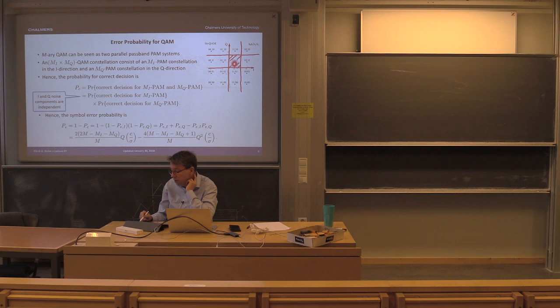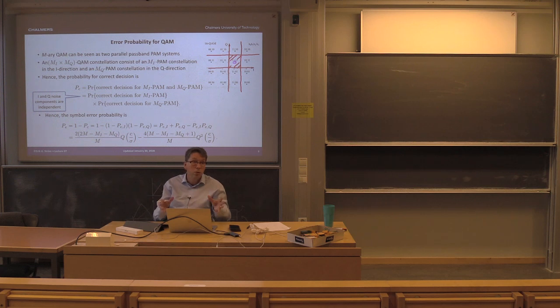Well, we make a right decision if we don't go too much to the left or to the right, and we don't go too much up and down. Left-right is a pulse amplitude modulated scheme along the I-axis. Up and down is a pulse amplitude modulated system along this Q-axis. So to get the right decision, we need to make 2 right decisions, one along each axis. Okay. So that's the key observation here.